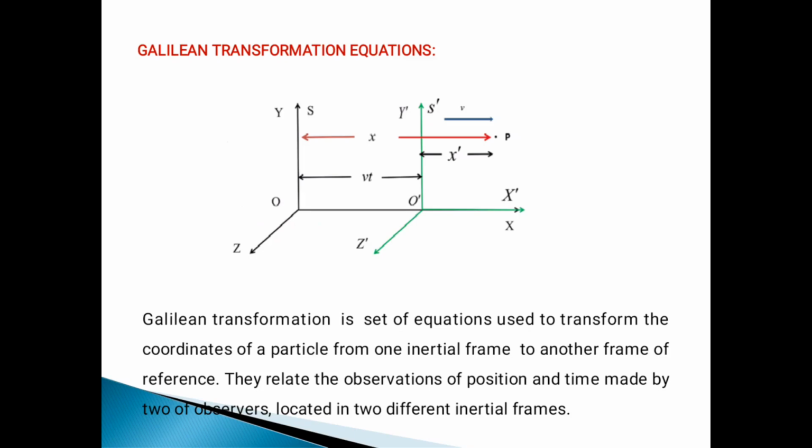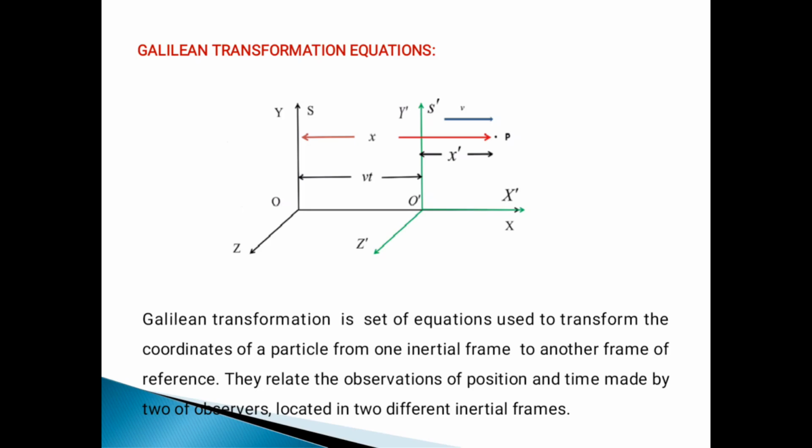The topic, Galilean transformation. It is a set of equations which transform the coordinates of one inertial frame of reference into another frame of reference. Or Galilean transformation is a method of transforming equivalent quantities such as position and velocity from one inertial frame of reference to another inertial frame of reference.